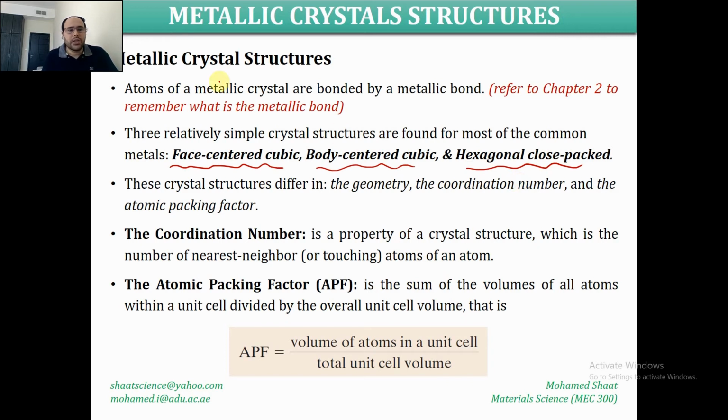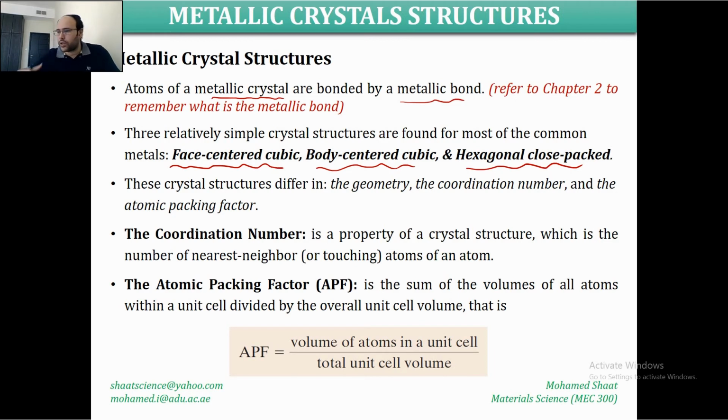So, metallic crystal structure. Atoms of a metal crystal, as we mentioned before in chapter 2, are bonded by a metallic bond. If you remember, two metal atoms form a metallic bond, which is very common, by having a cloud of free electrons surrounding all the atoms of the metallic material.